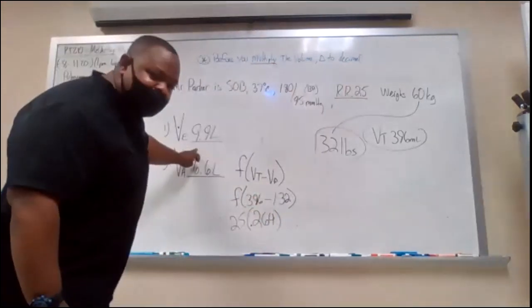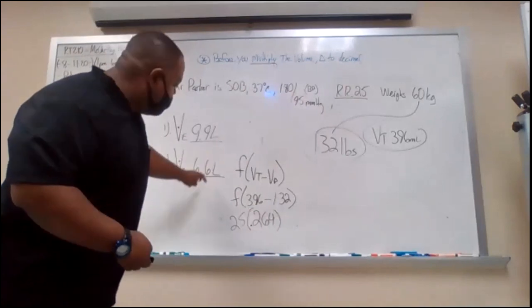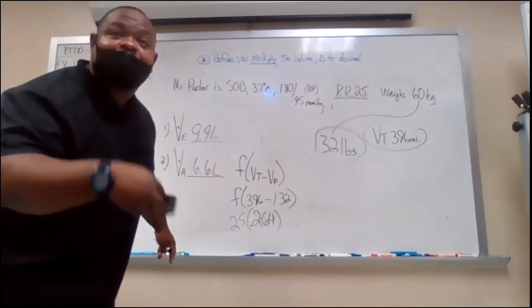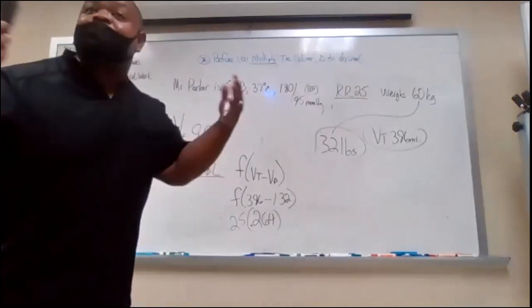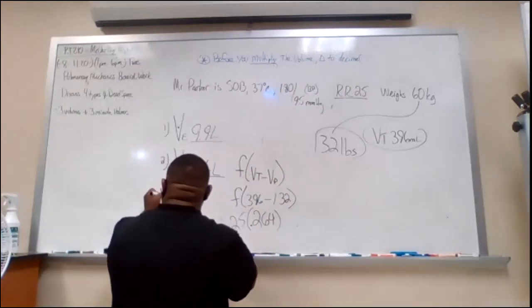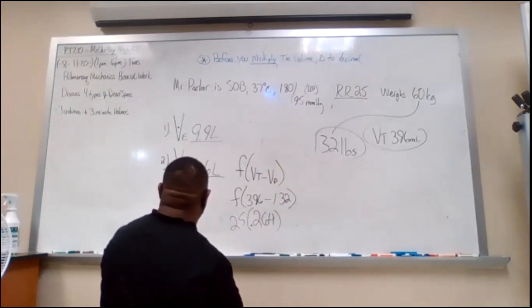So out of that whole 9.9 liters moving in and out of Mr. Parker's lungs, only 6.6 liters is actually taking place in gas exchange. That leaves some wasted ventilation, which is called dead space minute ventilation. When you just subtract it, 9.9 minus 6.6 is what?